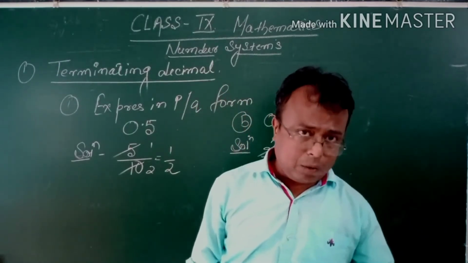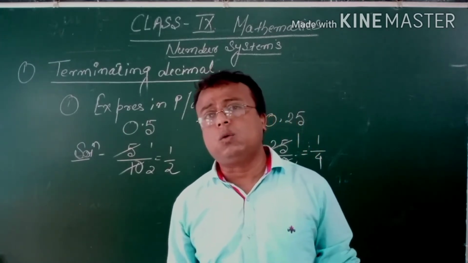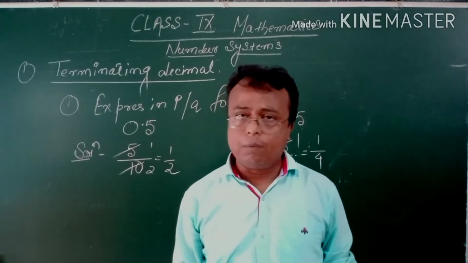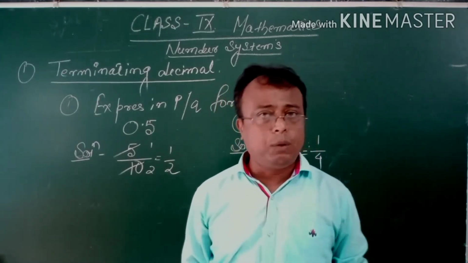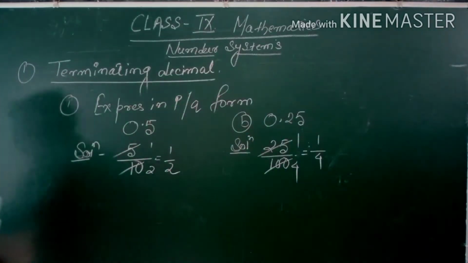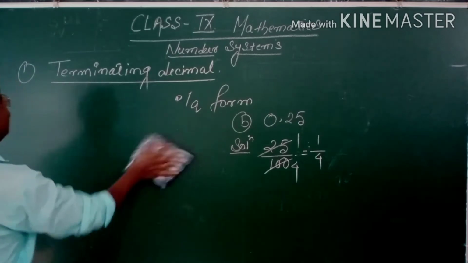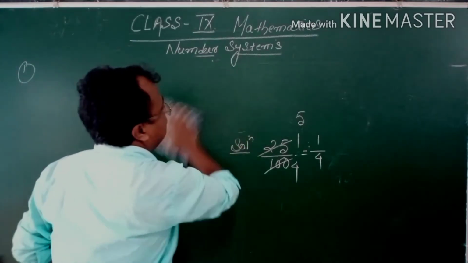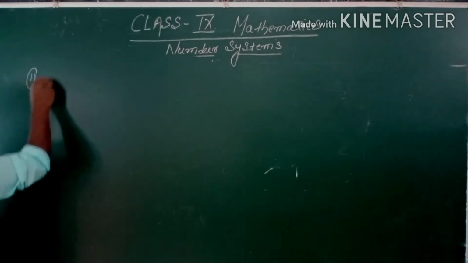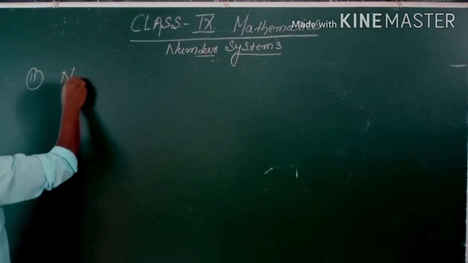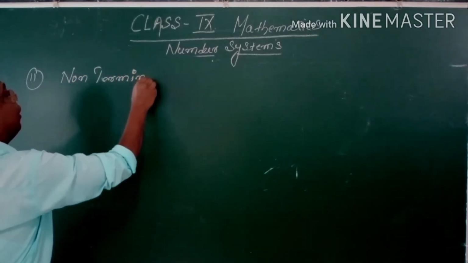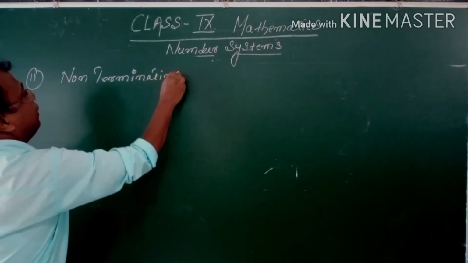Okay, now the next one we are going to discuss is how to convert a non-terminating repeating decimal in p by q form. Okay, there are two cases. One is pure, another one is mixed. So let us discuss this one. The next topic will be non-terminating repeating.